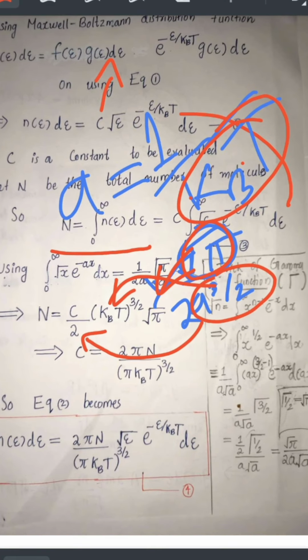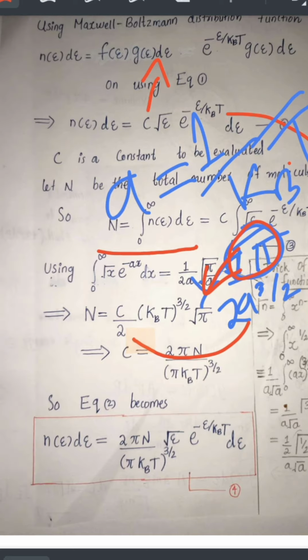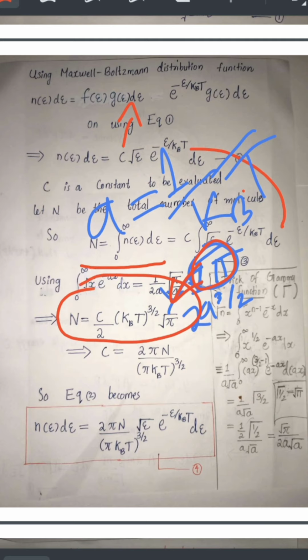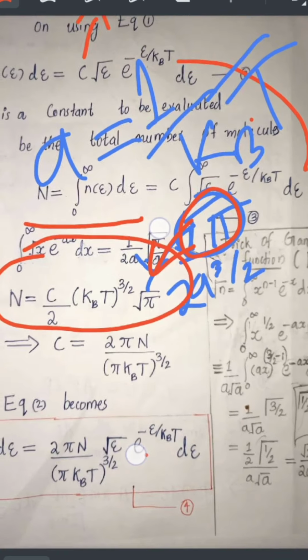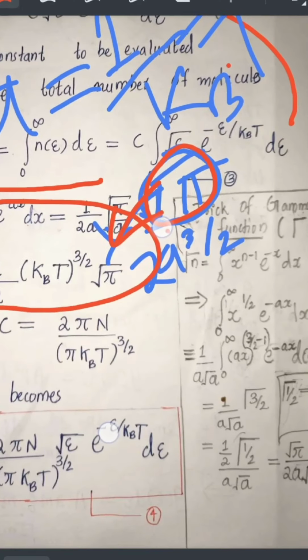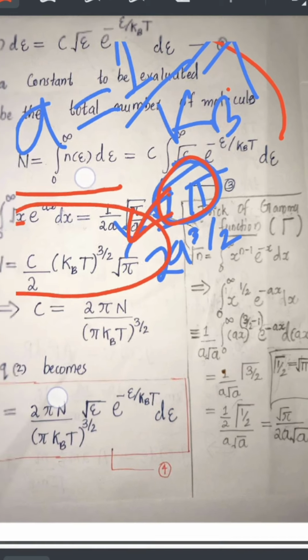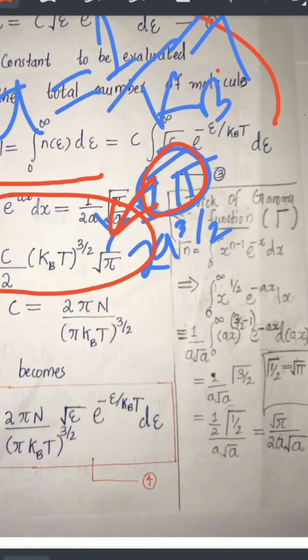So from this equation, you can simply reverse this equation and find c as 2 pi n over pi kbt raised to 3 by 2. What we actually did is we just take this root pi inside this kbt to the power 3 by 2.